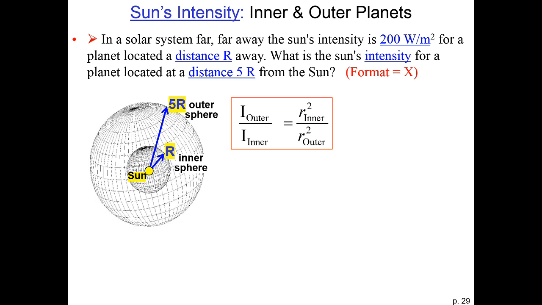So we use our formula here that the intensity inner over intensity outer is equal to the radius outer squared divided by the radius inner squared. If we plug this in, we get that the intensity outer, what we're trying to find, divided by 200 watts per square meter, the inner intensity, is equal to the inner distance squared, which is r squared, over the outer distance, which is 5r squared.